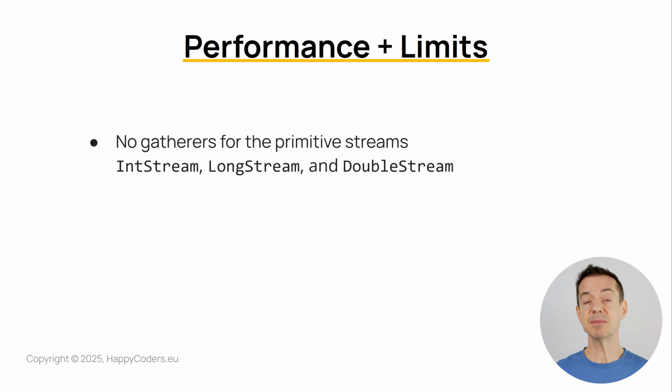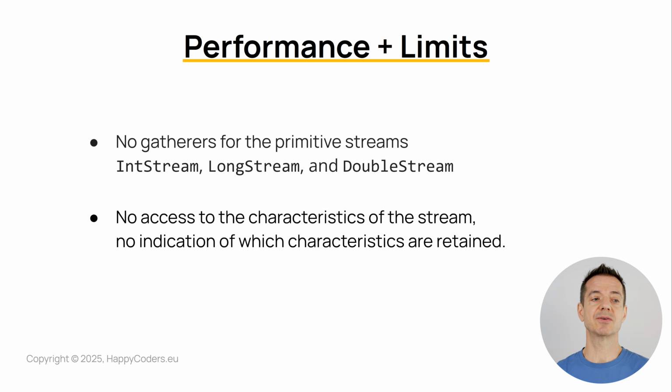Second, stream gatherers do not have access to the characteristics of the stream, so they cannot be optimized based on these characteristics. Also, they cannot specify which of these characteristics they retain, and therefore components in the downstream can no longer be optimized based on these characteristics either.